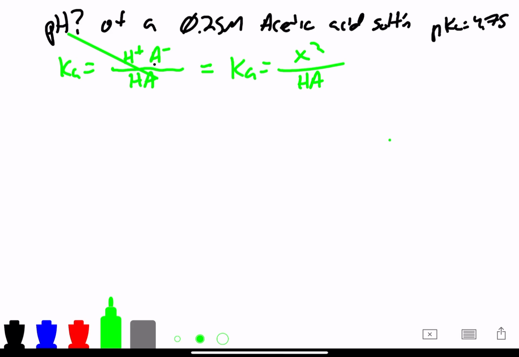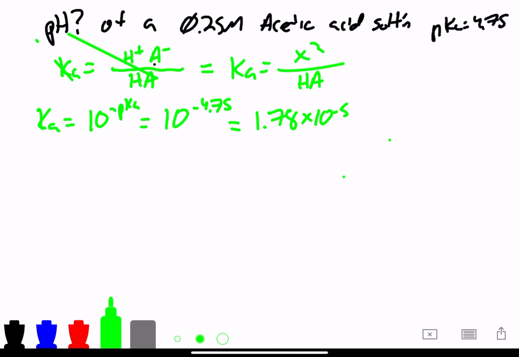So first thing you do is need to solve for Ka. Well, pKa is simply the opposite of log of Ka, so to find Ka, we can take 10 to the opposite of the pKa, which is going to be 10 to the negative 4.75. 10 raised to the negative 4.75 is equal to 1.78 times 10 to the negative 5th, and there is Ka.